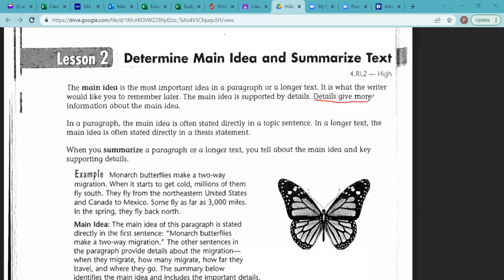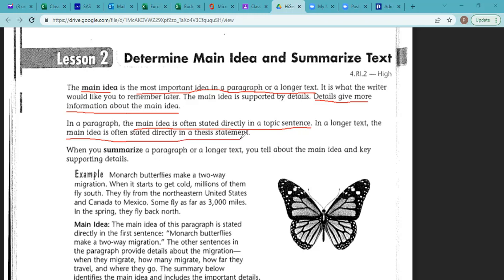So details are going to be just as important as the main idea. Okay, so main idea, most important idea in a paragraph or a longer text. In a paragraph, the main idea may be stated directly in a topic sentence, but in a longer text, the main idea is often stated directly in what we call a thesis statement.